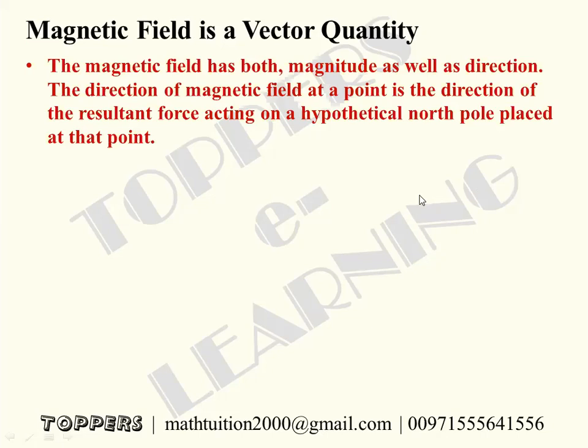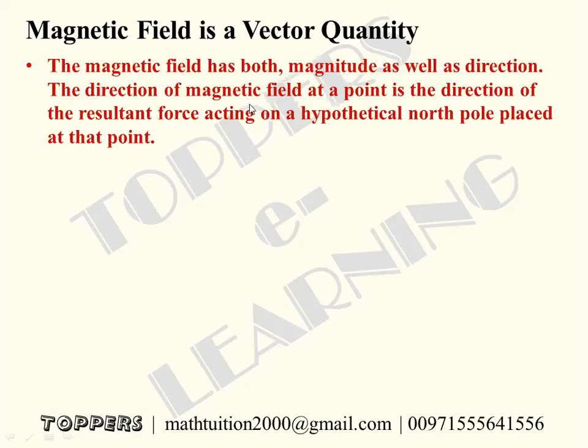So the direction of the bar magnet's magnetic field can be found using this small needle inside the compass. So by definition, the magnetic field has both magnitude as well as direction.